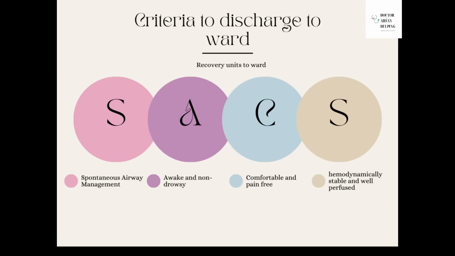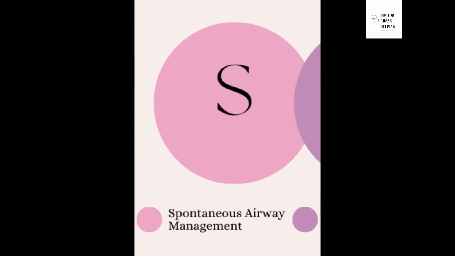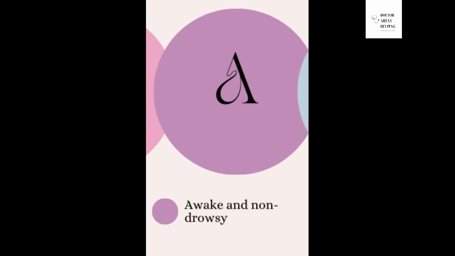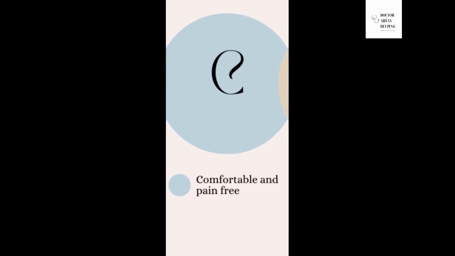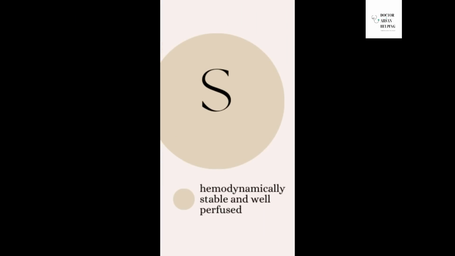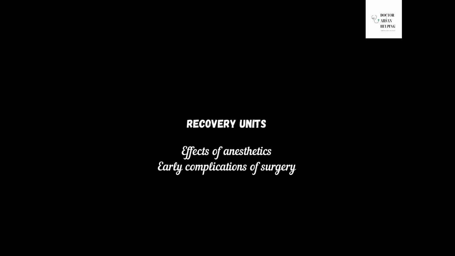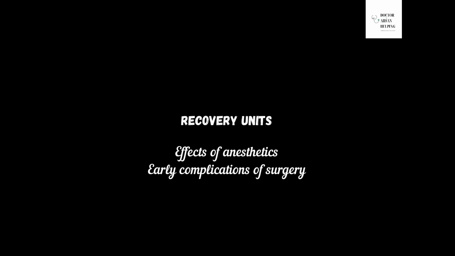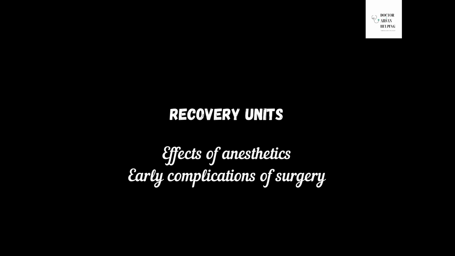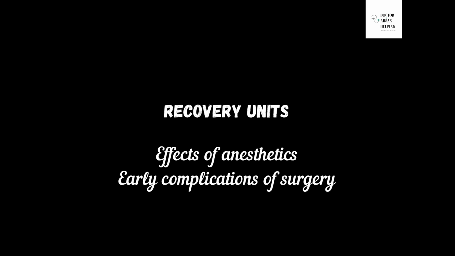Before discharging the patient, there is a criteria for when you can discharge the patient to ward, which includes spontaneous airway management, awake and non-drowsy, comfortable and pain-free, and finally hemodynamically stable. There are other criteria as well, which include no evidence of hemorrhage, which we have already discussed: when a patient is put in recovery unit, the purpose is to detect continuing effects of anesthetics and to detect early complications of surgery, which can be hemorrhage.